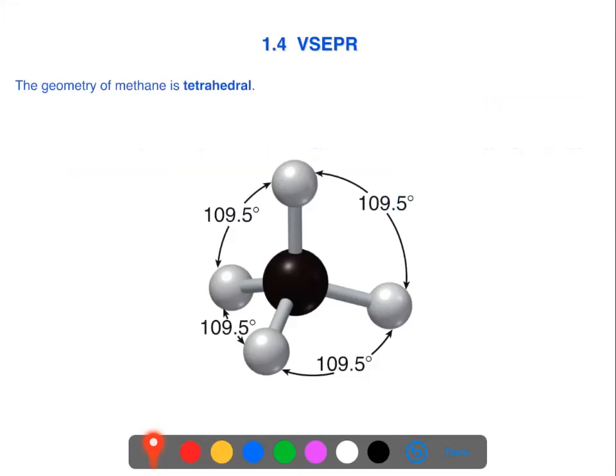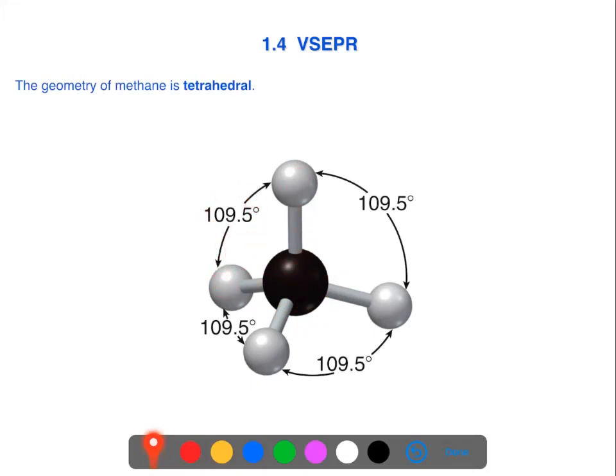So the first example, here we have the structure for methane. Now methane has the molecular formula CH4, so you have a carbon as your central atom, and bound to this carbon we have 4 bonds to neighboring hydrogens. So CH4, and what we see here is this arrangement in which the angle associated with a hydrogen-carbon-hydrogen is 109.5.